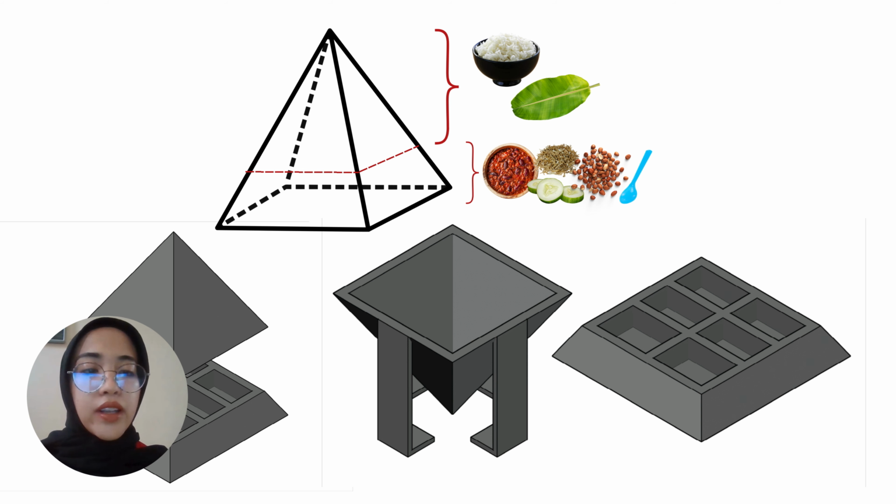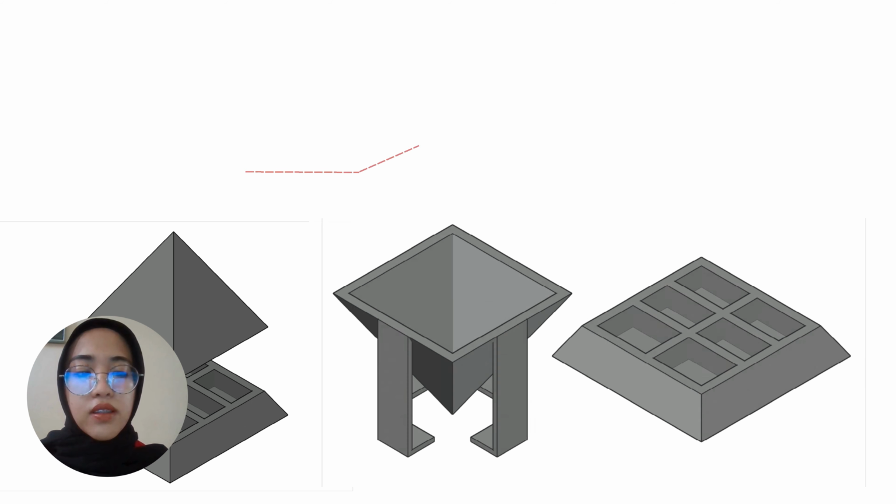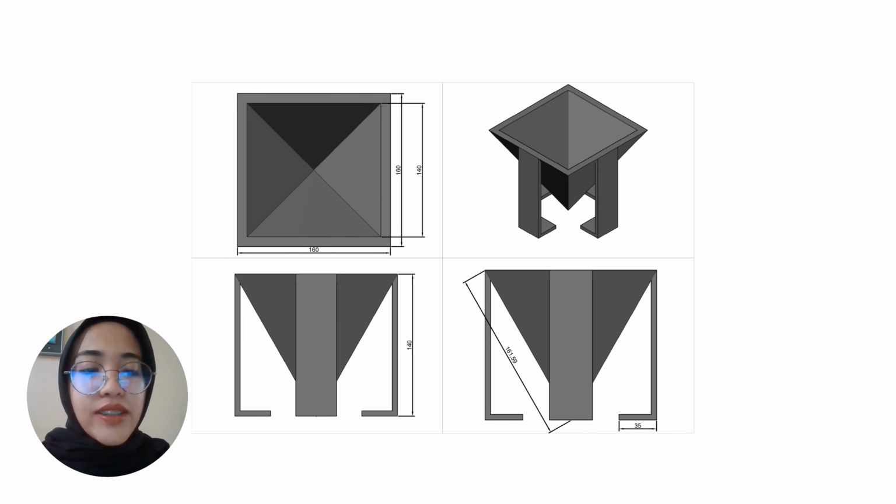The banana leaf will act as the primary packaging that is used to protect the aromatic properties of the rice, and also to ensure the infusion of the earthy flavor. And this picture shows how the upper compartment looks from different views: the top, front, and right views.